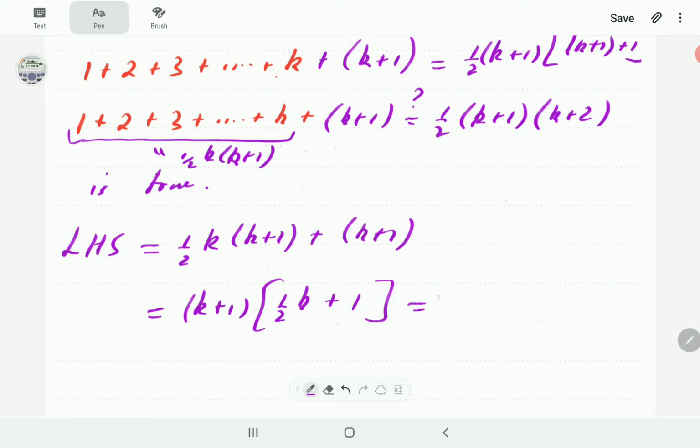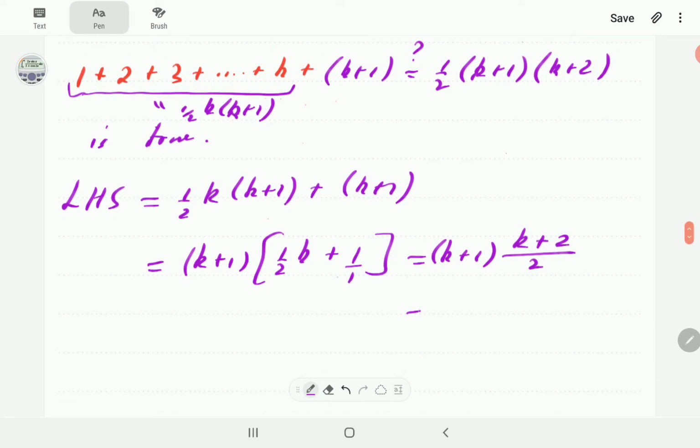This term here we can write as, if we write it as one fraction, it's over 1 here, so it's going to be k plus 2.